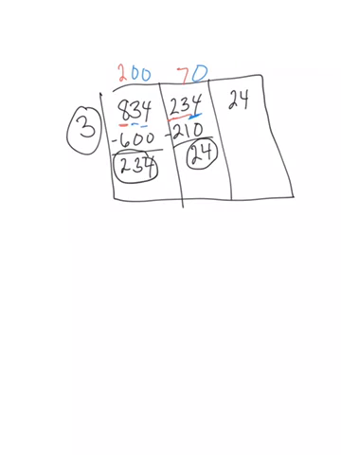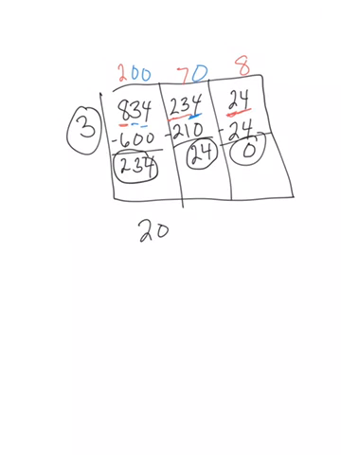Okay? Same thing. Does 3 go into 2? No. So does 3 go into 24? Yes. 3 goes into 24 8 times. And 8 times 3 is actually 24. 24 minus 24 is 0. Let's add these up.